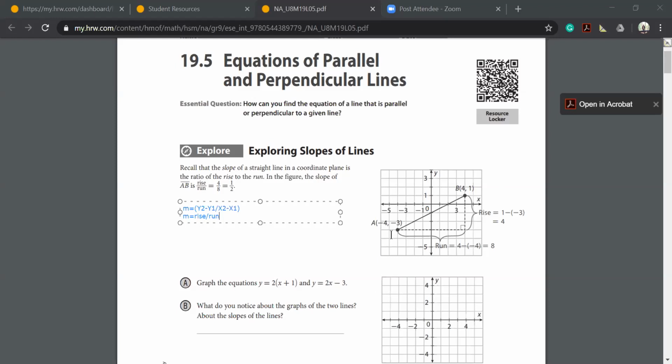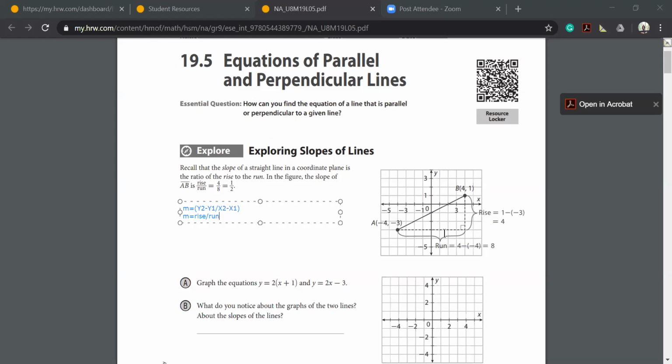For example, let's say I have two points. Point A is (-4, -3). Point B is (4, 1). The rise is this part. You remember we said rise, you are going up or down, so it's the y-axis. Run is the x-axis. Since it is rise over run, you are going to count how many squares. The rise from A to B: we rose 1, 2, 3, and 4. So the rise is equal to 4.